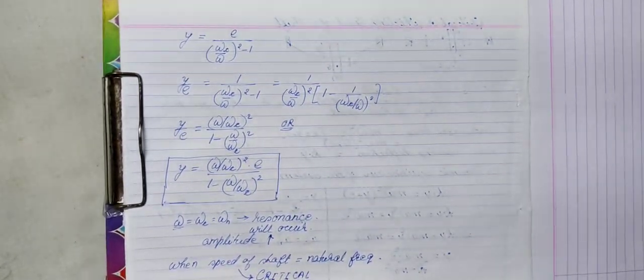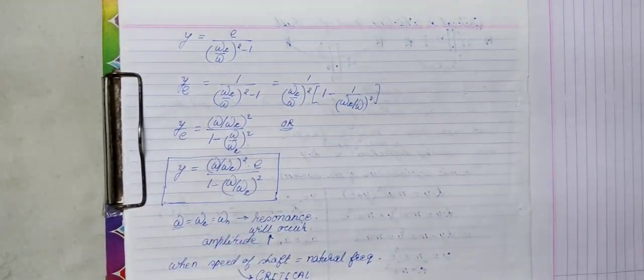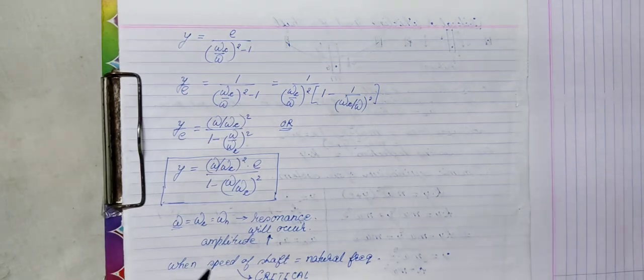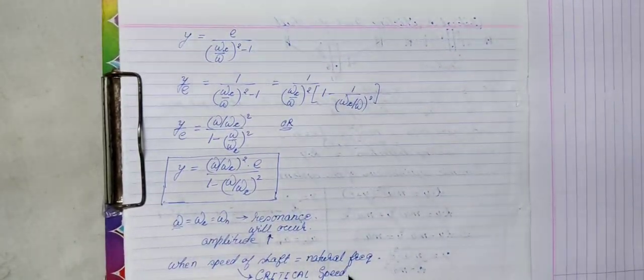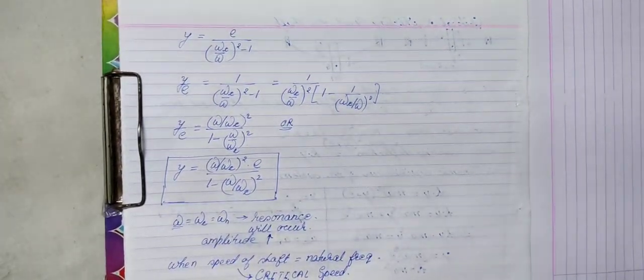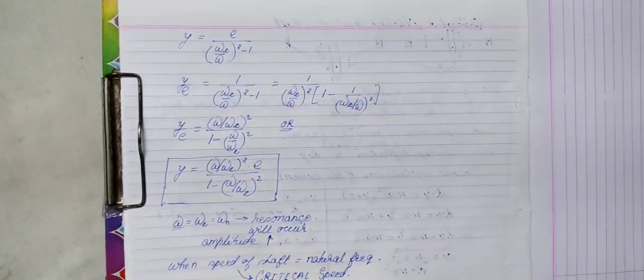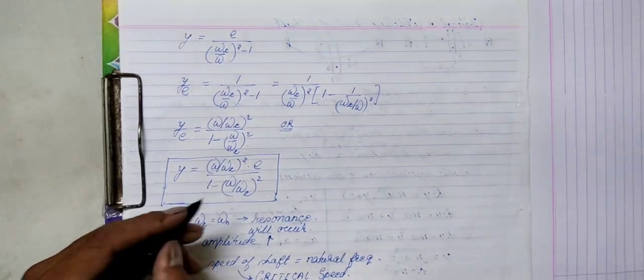What is happening in this situation is the system is going to vibrate very violently. This will be called the critical speed, or it is also called the whirling speed of the shaft. Sometimes it is also called the whooping speed of the shaft. That is how we understand it.